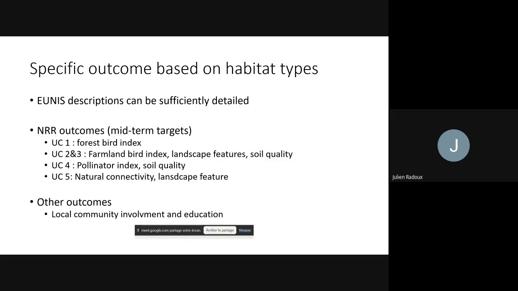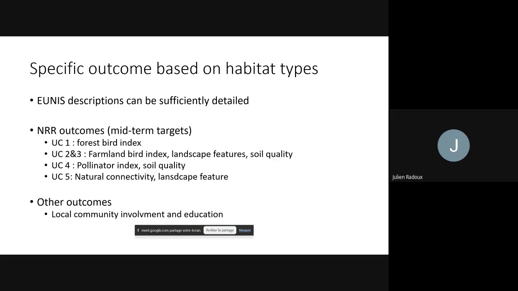But we see that in some places they were able to stabilize this index, and the nature restoration regulation has clear targets to increase those two indices by a given percentage. So this is a real challenge for biodiversity, to change the curve of those lines. But it's very important to keep that in mind.